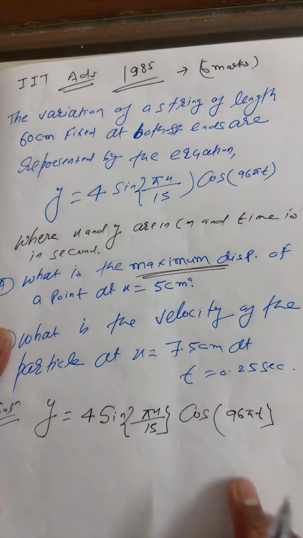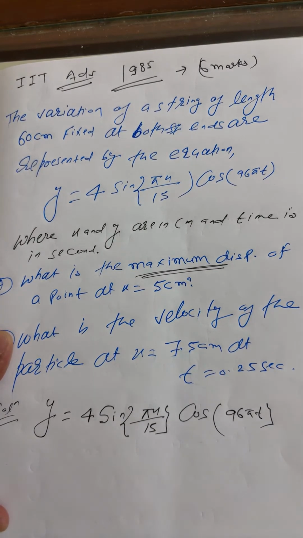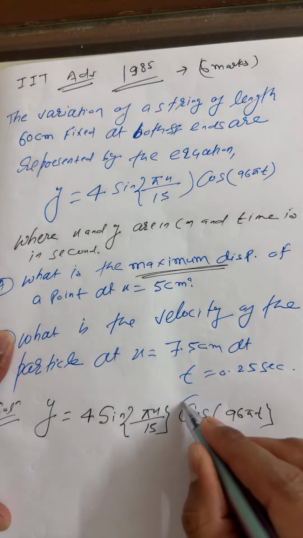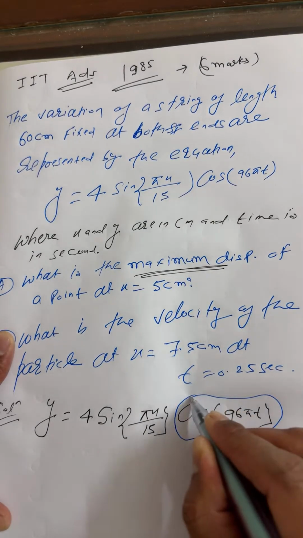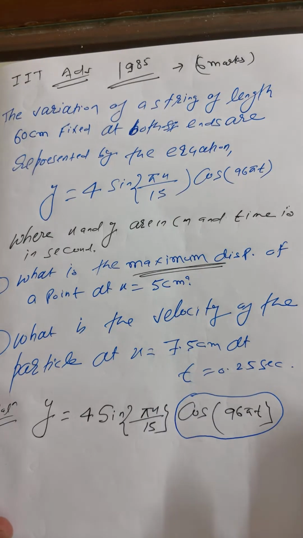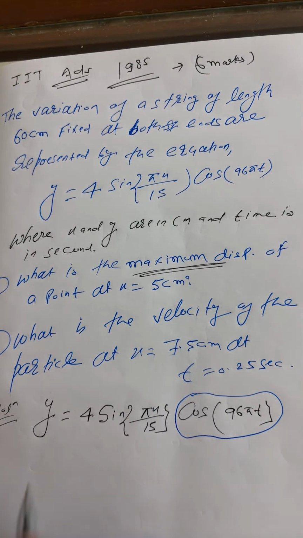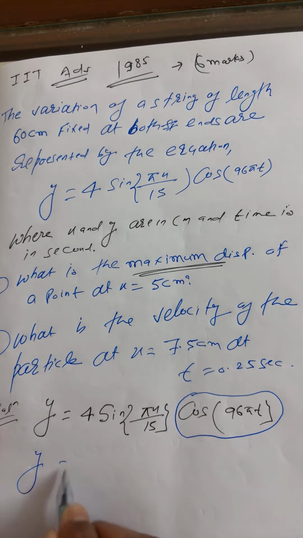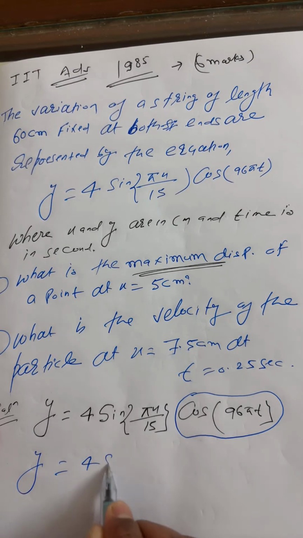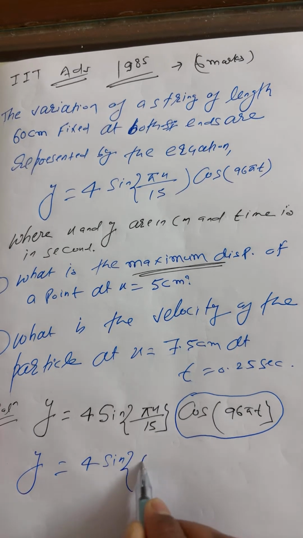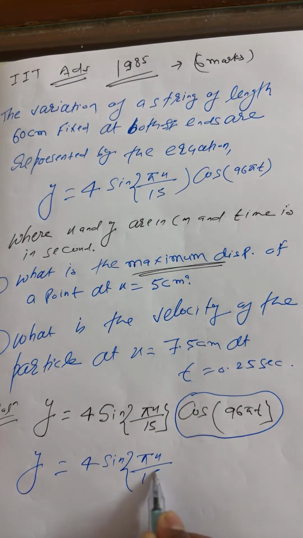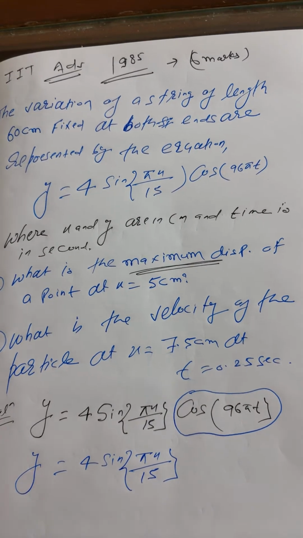So what you can see, my dear, for this entire condition, students, we want to find the maximum displacement. So this entire term, what goes to 1? So now beta, what finally do we have for the equation? 4 sine of pi x by 15.